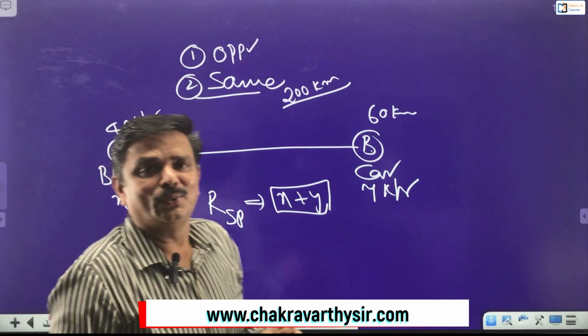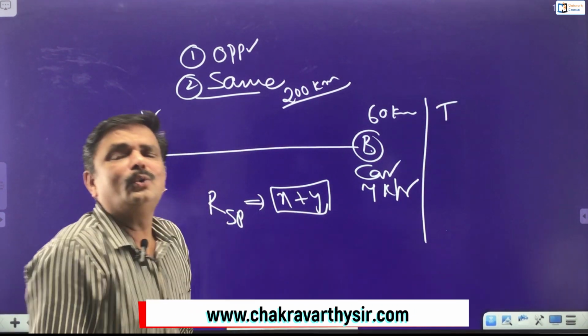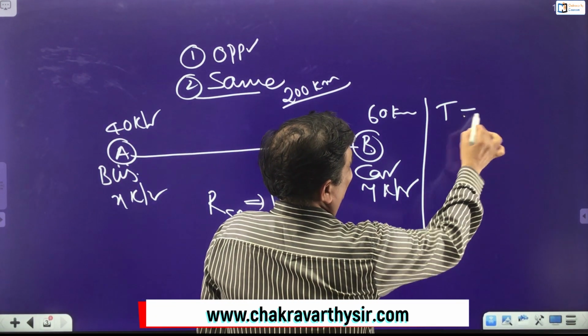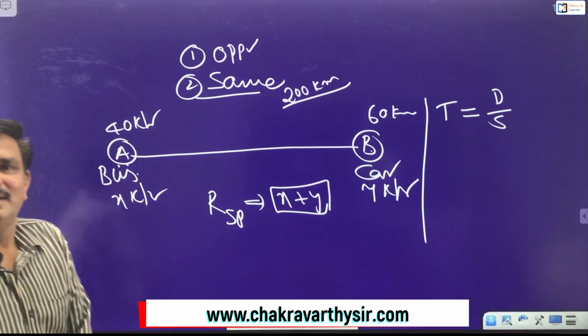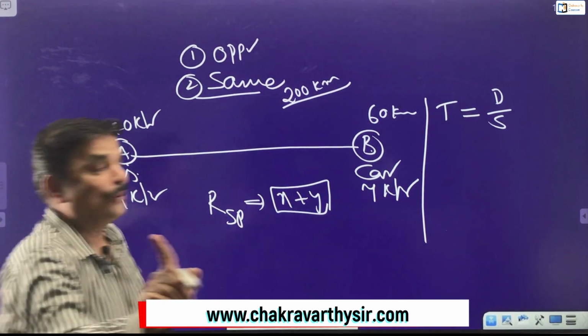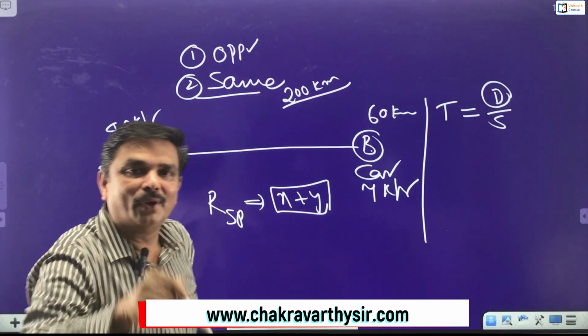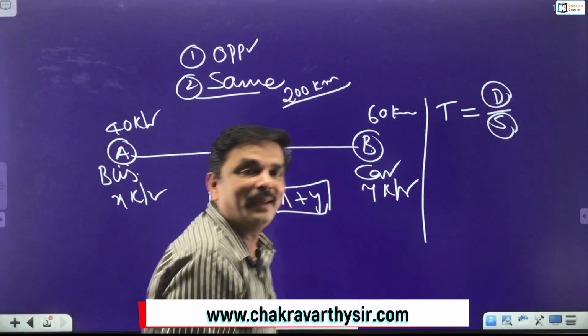If this is the case, students, here they are asking for the time. You know the formula of time, generally time is equal to distance by speed, isn't it? But here students, this is not the direct distance. A particular word is there for that. And here speed also is not normal speed.